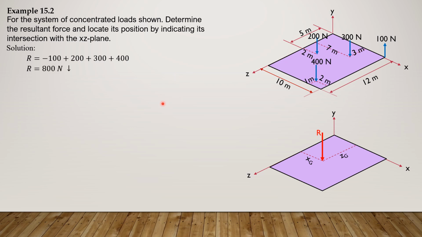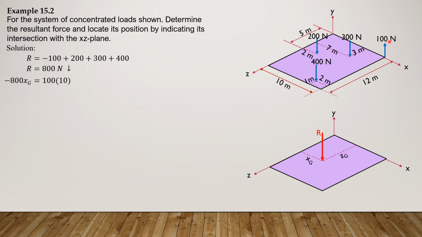Then we use Varignon's theorem to solve for x sub z and z sub z. First, we sum up moments about the z-axis. So let's consider this sense as positive as the moment of R, so all downward forces will have positive moment. So 800 times x sub z, or let's say we use the right thumb rule. Okay, we use the right thumb rule. So negative 800 times x sub z.